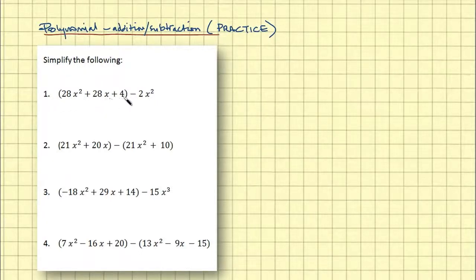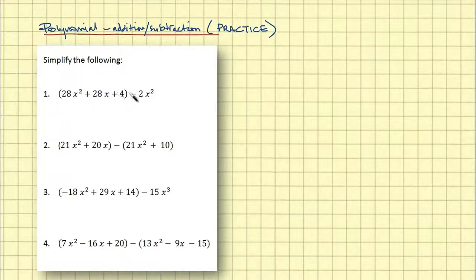So here we have 28x squared plus 28x plus 4. So that's in parentheses. There's then a trinomial or quadratic expression, and we're subtracting from that 2x squared. So just one monomial, one term here, 2x squared.